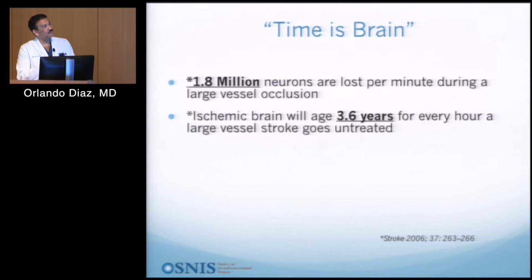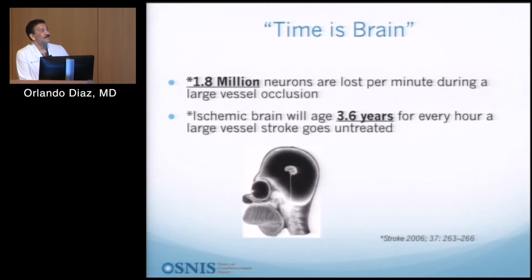As I said, 10% of the brain every 30 minutes, or almost 2 million neurons per minute. So for every hour that we delay the treatment, the brain is going to be 3.6 years older. This is important.